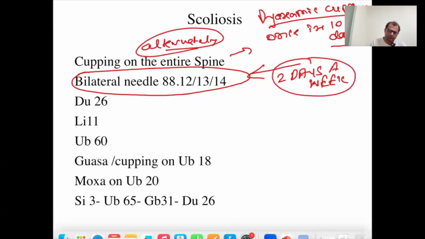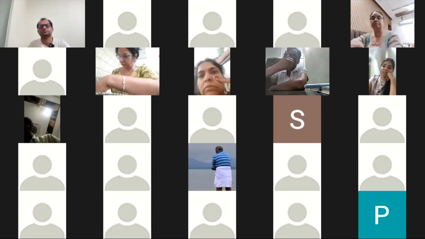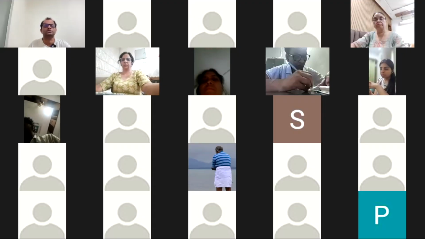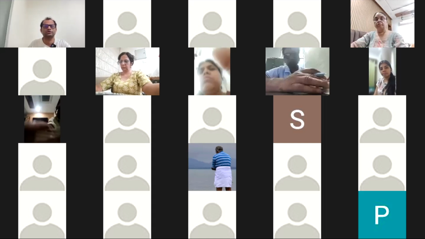So 2 days a week, because if the patient is suffering with a scoliosis, you have to treat the patient slowly. आप कितना भी खींचातानी करो, आप इतना जल्दी तो 3 दिन में स्कोलियोसिस ठीक नहीं कर सकते परमानेंटली. You need to work for longer duration to give the permanent relief.